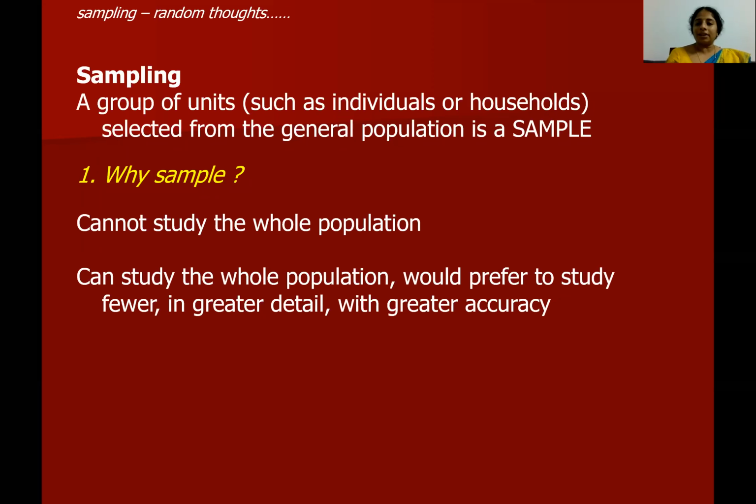But in certain conditions, we can study everybody, but we would prefer to study few in greater detail with greater accuracy. For example, you are studying a very difficult measurement from a sleep study. Obstructive sleep apnea patients are made to undergo a sleep study, and in a sleep study you record the ECG, and in the ECG you are studying a very specific measure.